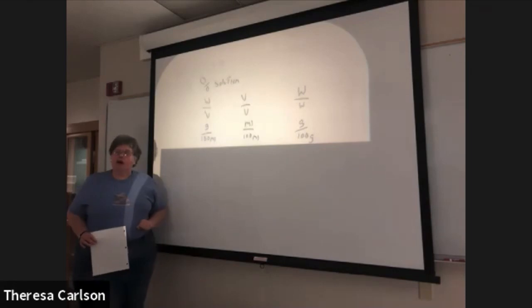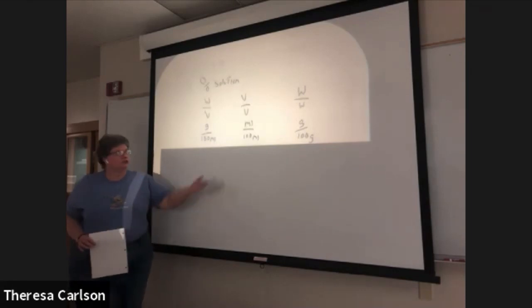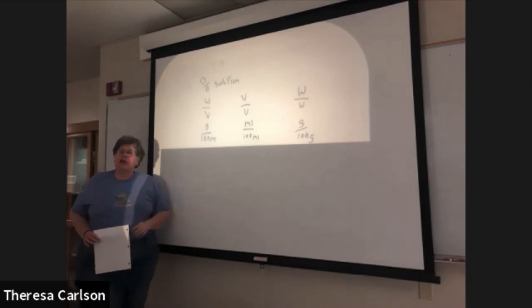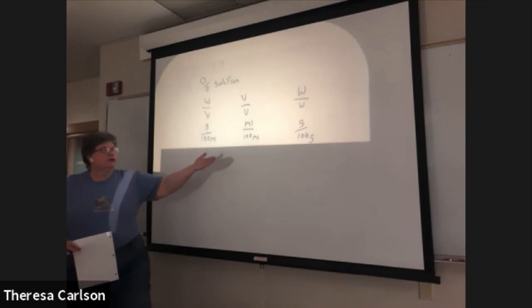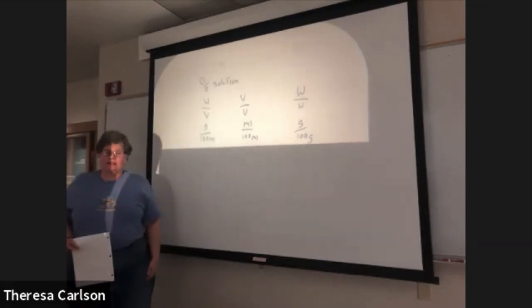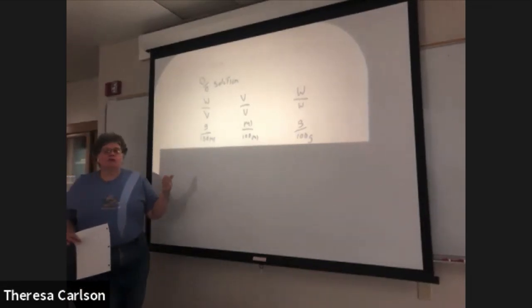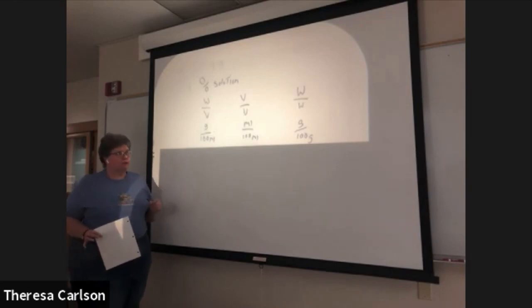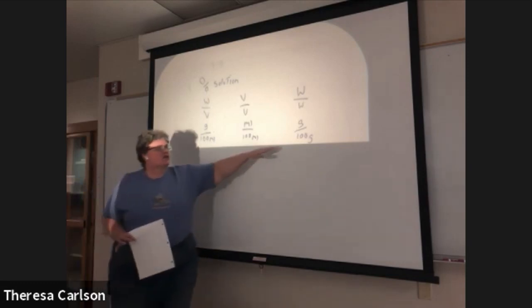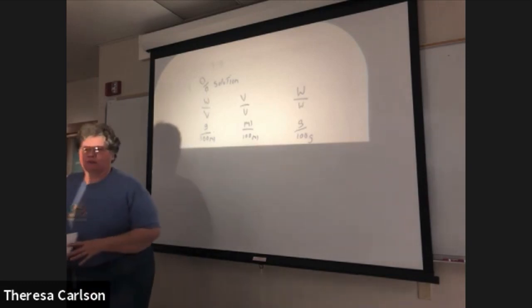You can have volume. Let's say you wanted to dilute some ethanol. You can take a certain number of mils and bring it into 100 mils total volume. Or you can have a weight. Now, weight's very often used in analytical chemistry, maybe a little bit more than in basic biochemistry, but still it sometimes is used. And that is grams per 100 grams.